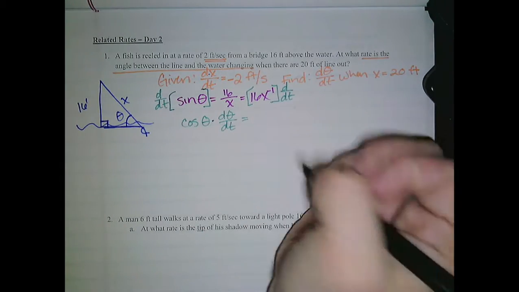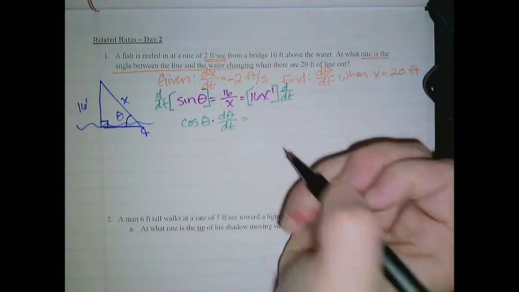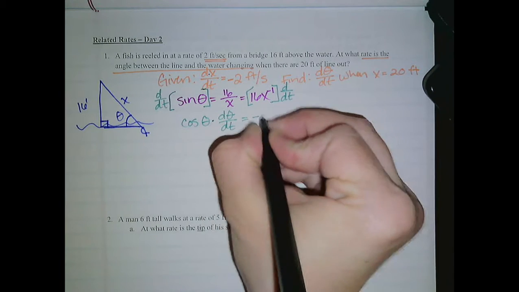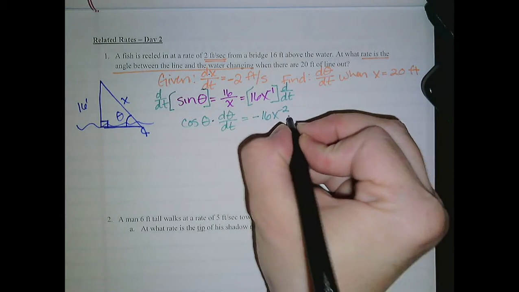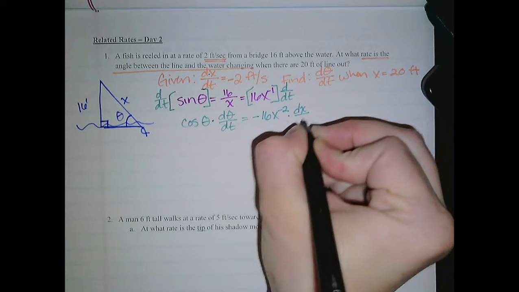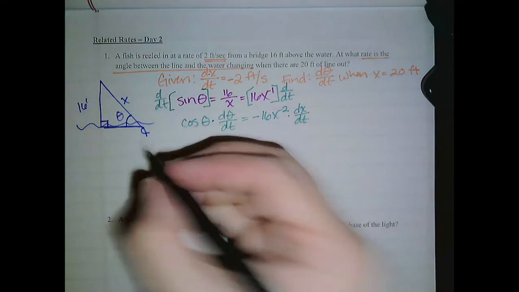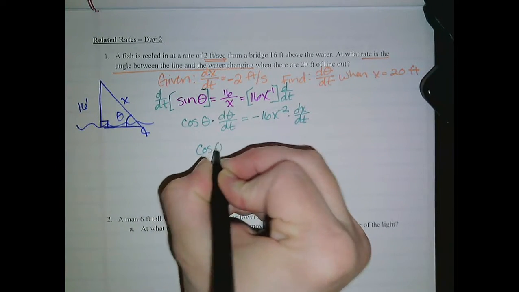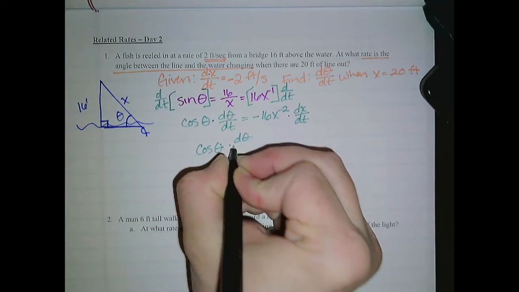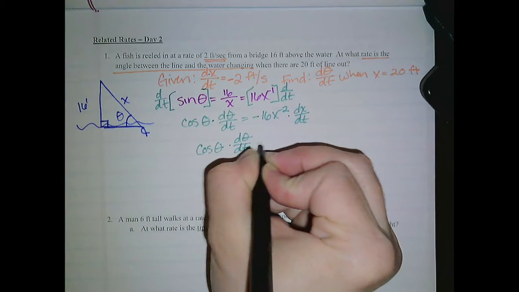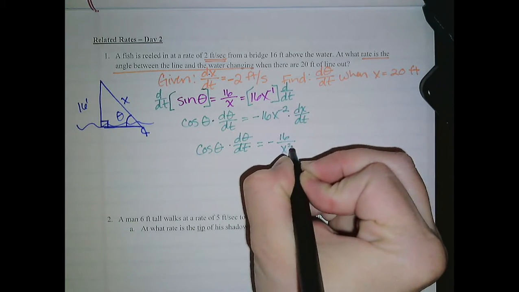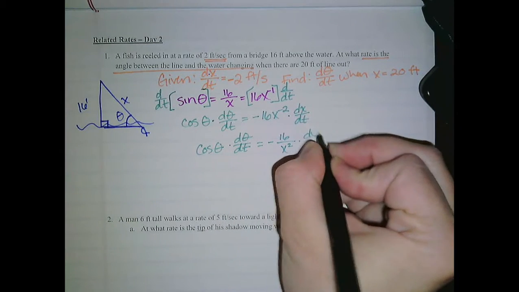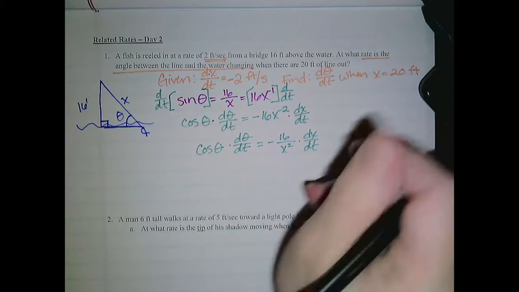The derivative of 16 times stuff to the negative 1 will be negative 16 times the stuff to the negative 2 times the derivative of the stuff with respect to t. So we have that cosine of theta times the derivative of theta with respect to t is equal to negative 16 divided by x squared times the derivative of x with respect to t.